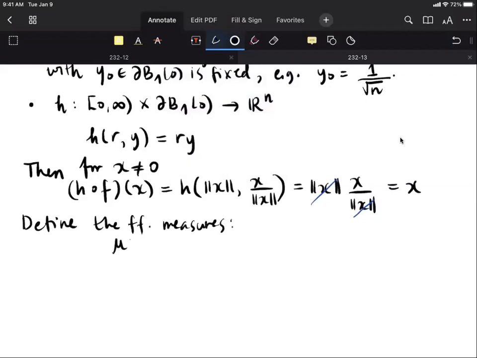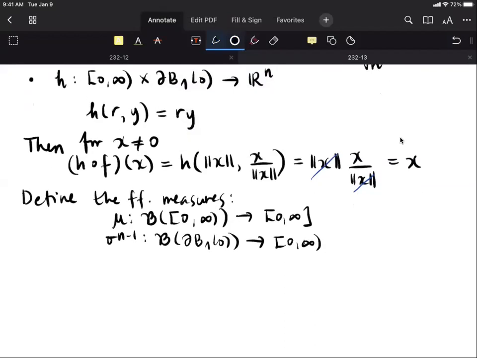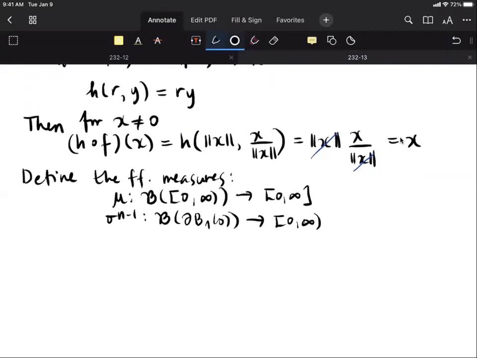Call it mu from the Borel sets corresponding to the lengths, and sigma n minus 1. So this is a finite measure, while mu can be infinite, as follows.